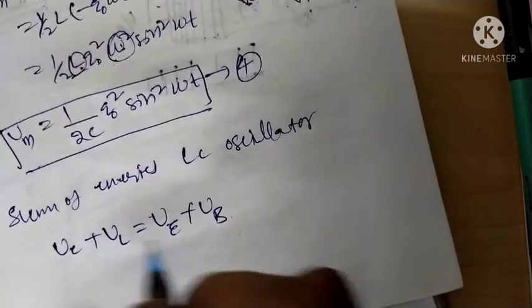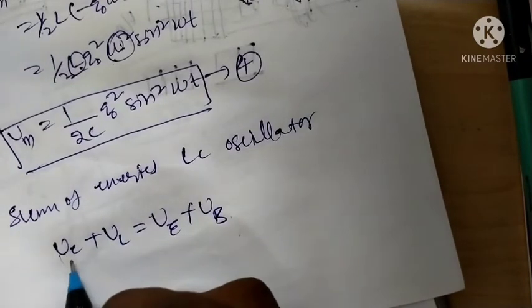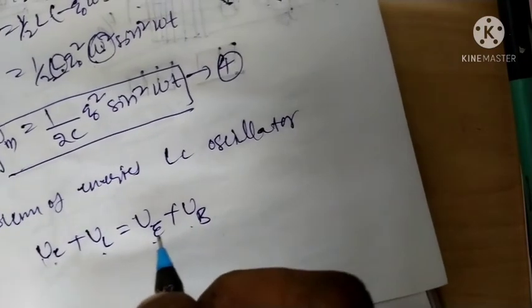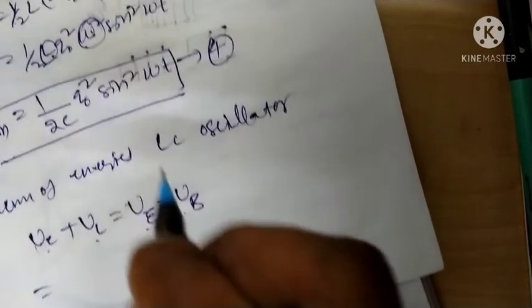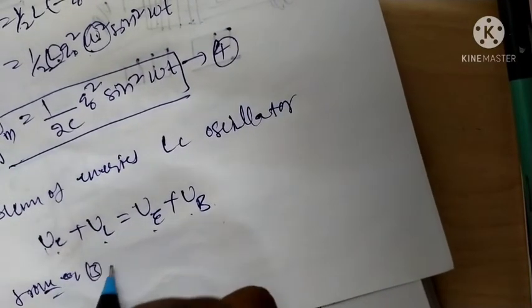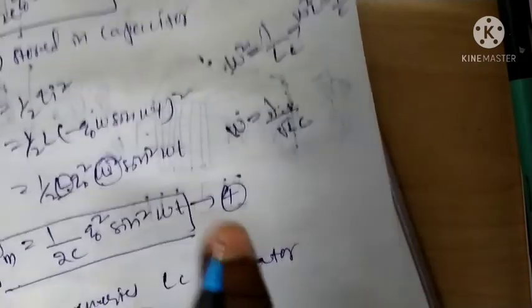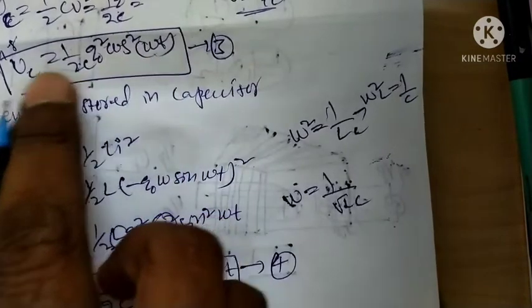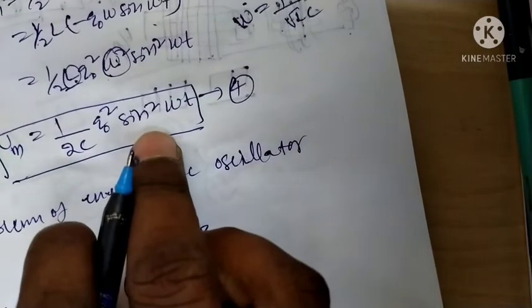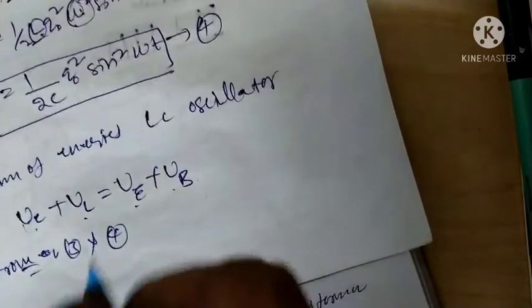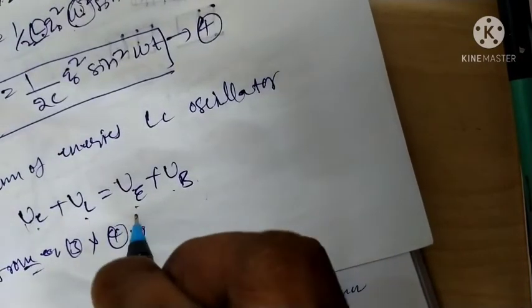UE plus UB is equal to what? From equation number 3 and 4, the energy stored in the capacitor and the energy stored in the inductor.